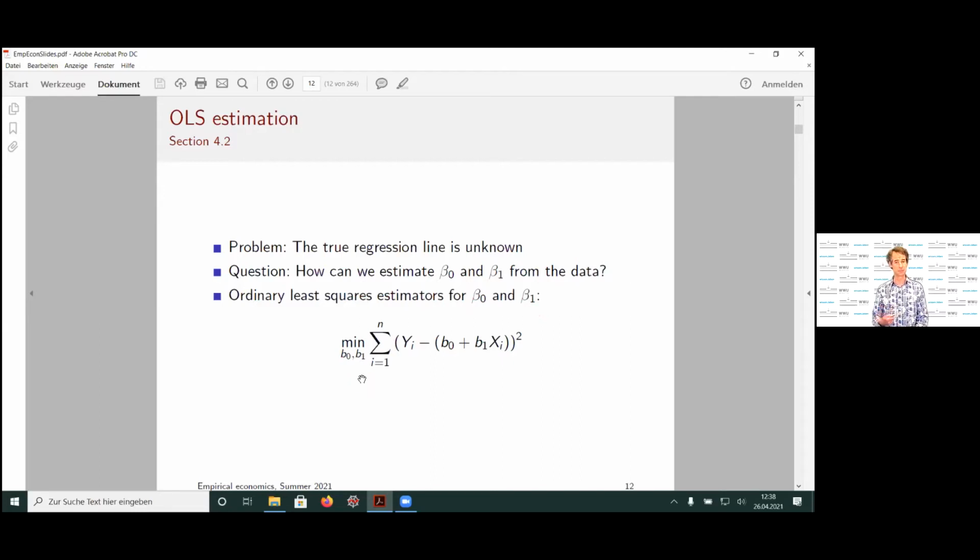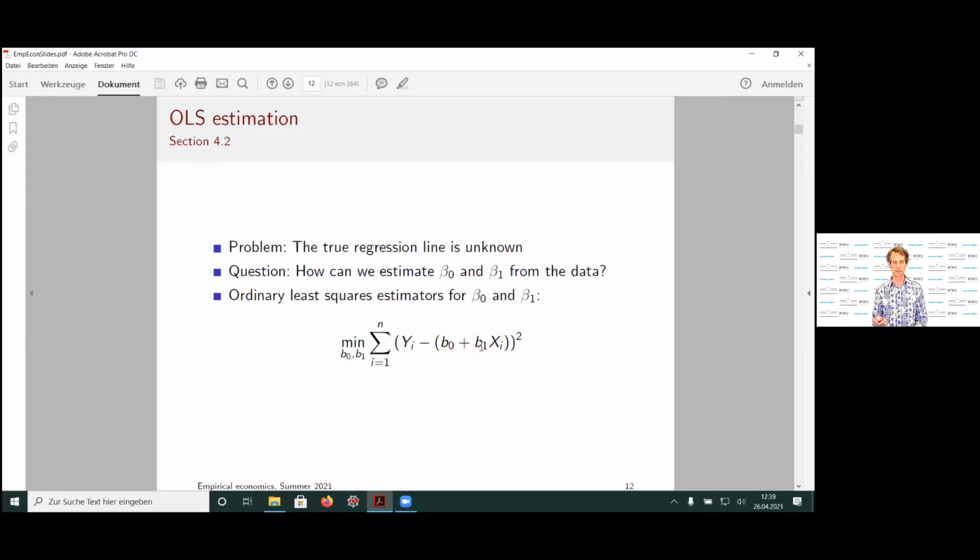What we do to estimate the intercept and the slope coefficient is the following. We look at a sum. We look at the sum of squares of differences between the observed values yi for each school district, for instance, and the values that would be implied by a regression line, which is characterized by b naught, not beta naught, b naught and b1.